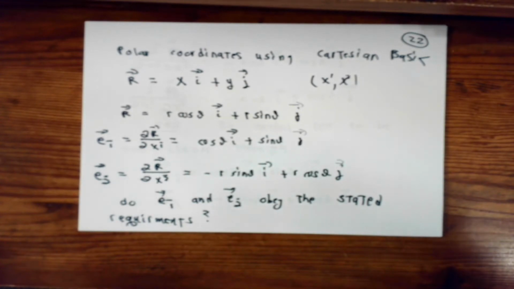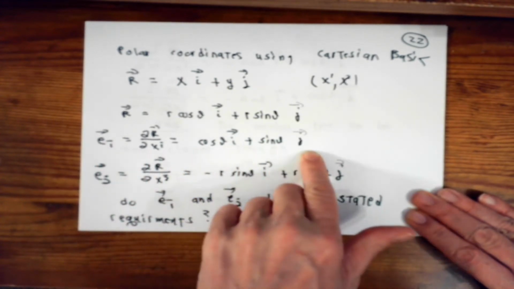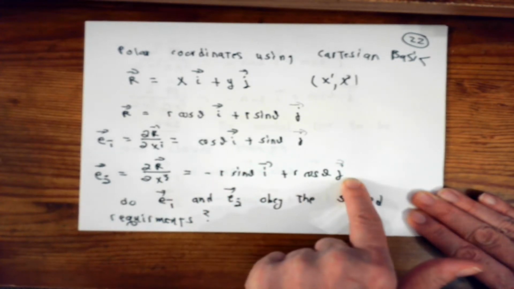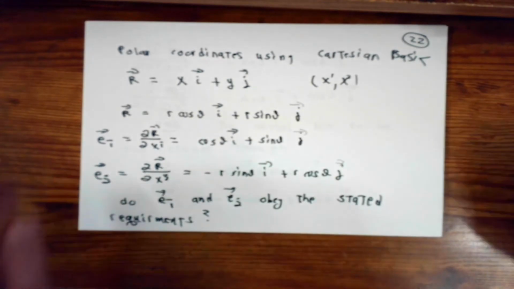Now, on the one hand, the answer obviously has to be yes because of the way I cooked these vectors up. But on the other hand, I can do the derivative of this with respect to theta, the derivative of that with respect to r, and see if I get the same thing. This will be a verification.